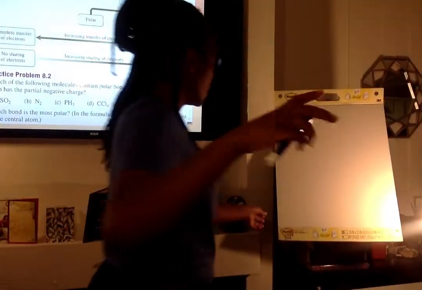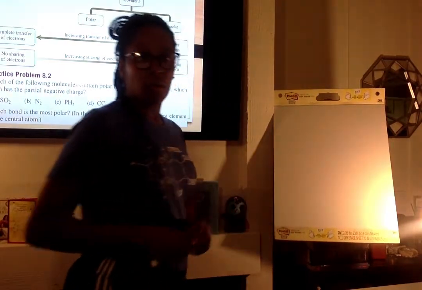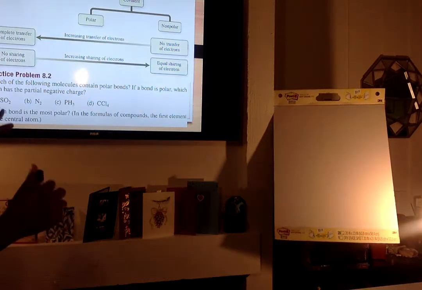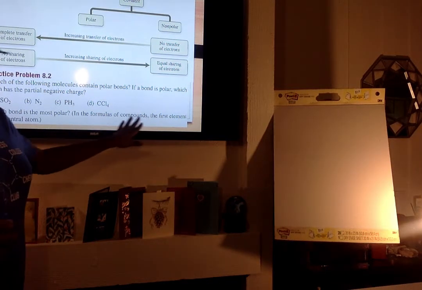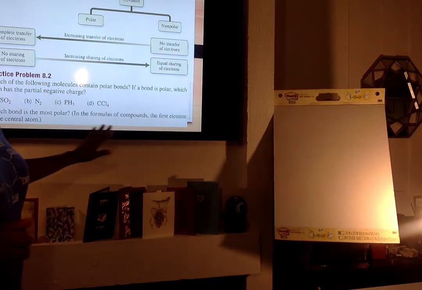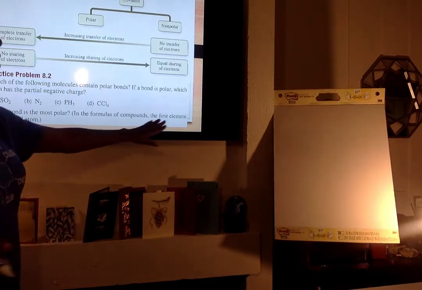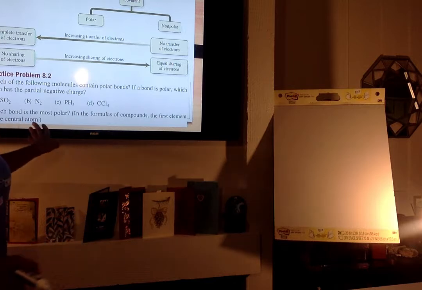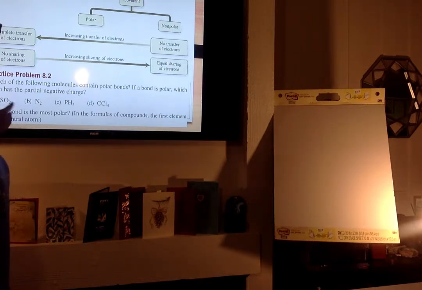In the first example, anytime you're doing these, we're going to be writing these formulas out in structures. This hint, in formula compounds, the first element is always going to be the central one. So when you're drawing these, your first one is going to be the center.